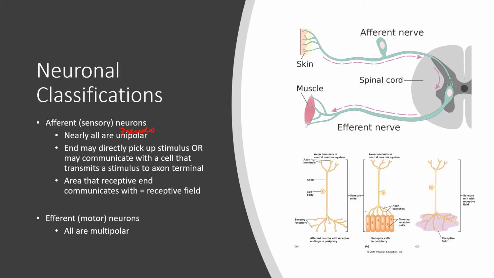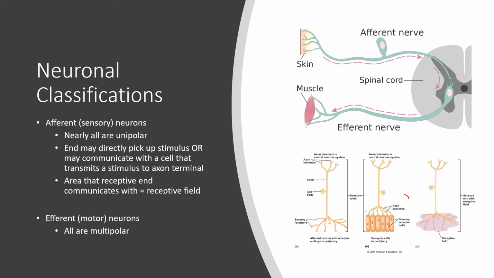These may either directly pick up a stimulus or might communicate with a specialized cell that's for transmitting a stimulus to one of these neurons. And the receptive end has a special name called the receptive field. Remember, the ends of these branch. You have interneurons often inside of the central nervous system. We'll talk about that later. And then you have motor neurons that go out to something else.